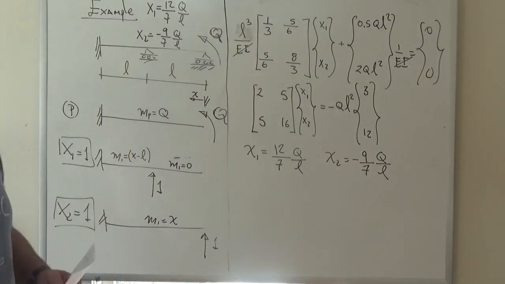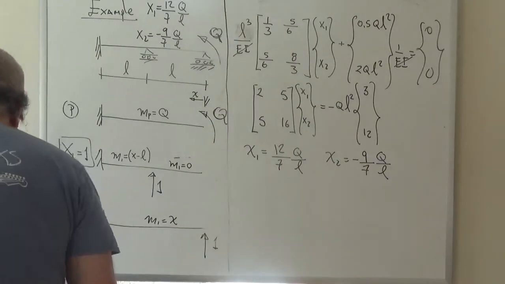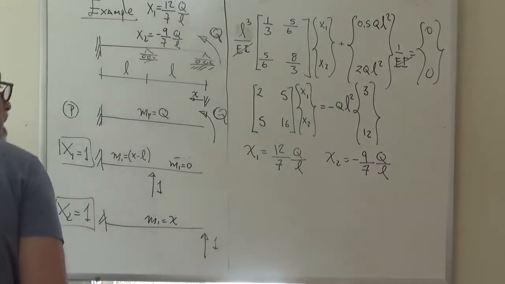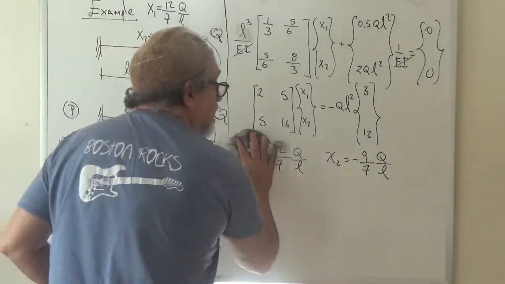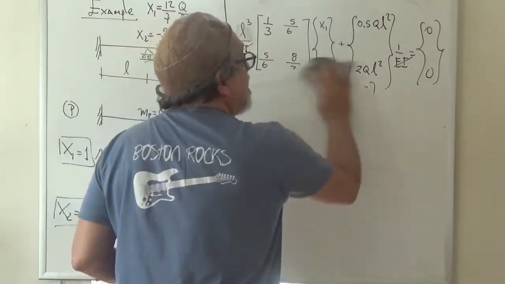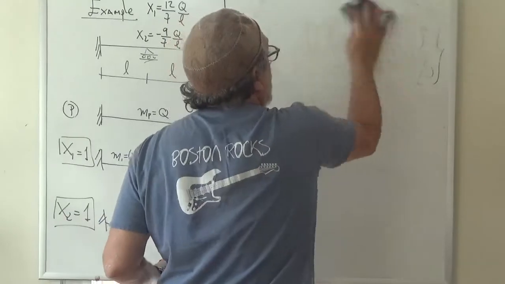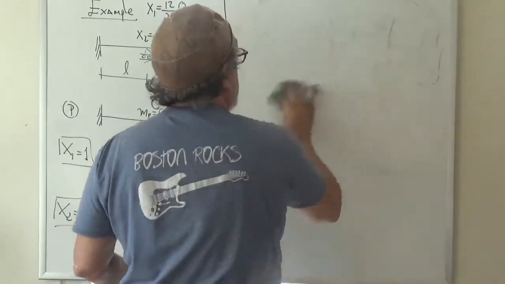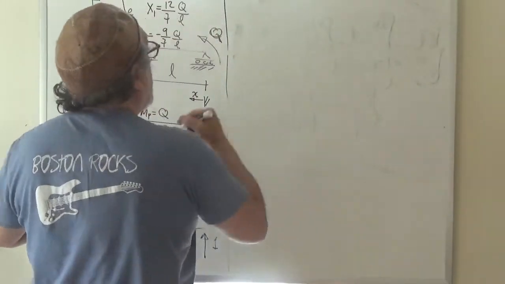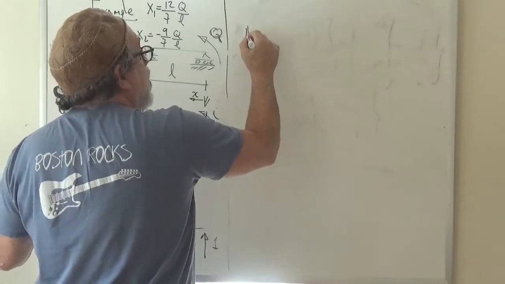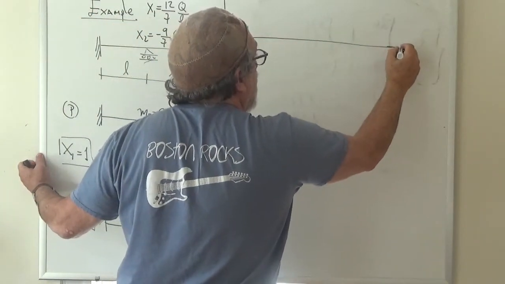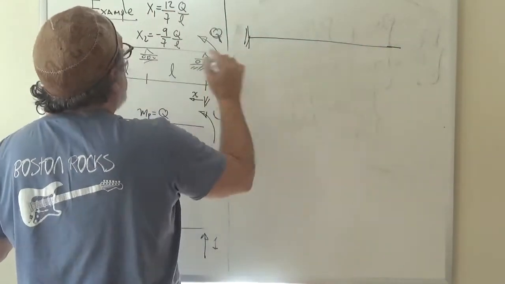So now that we have them, we can erase this stuff here to make space to draw our shear and moment diagrams. So we go back to our original problem and we say, okay, what is x1?